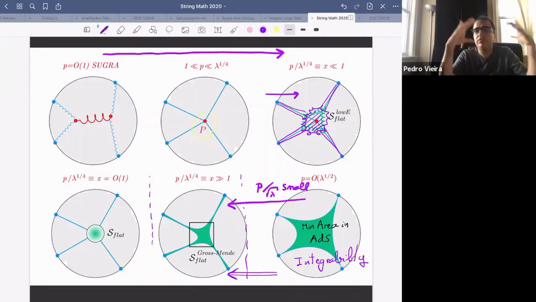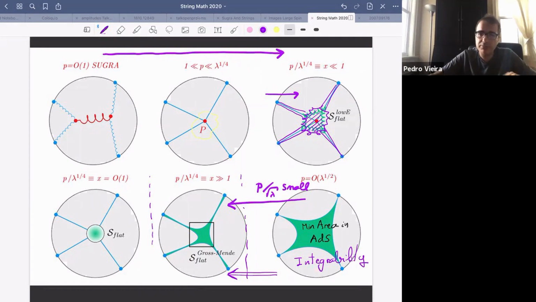If you want the full result for these correlators at any value of P, which I think would be the most fundamental object in N=4, these 4-point correlators, then having these boundary values for what should happen to them at large P would be very important.